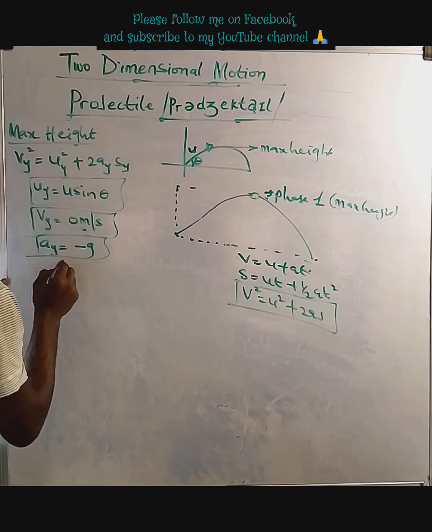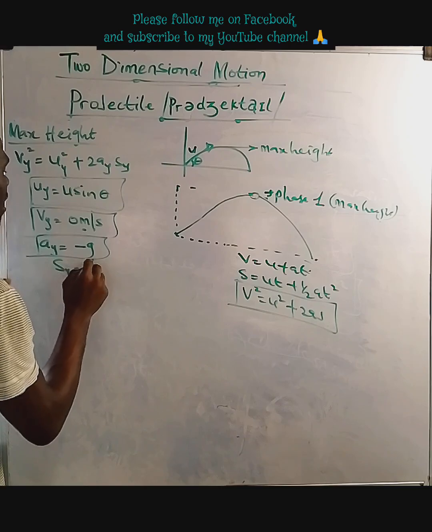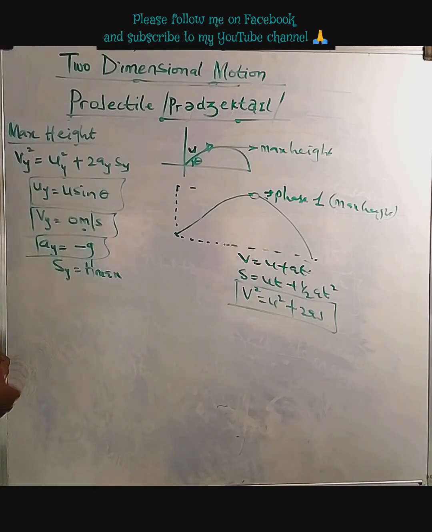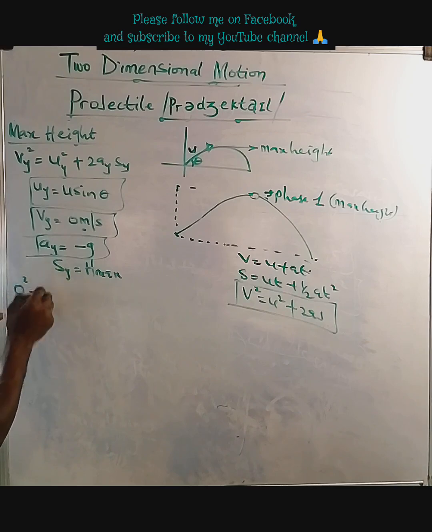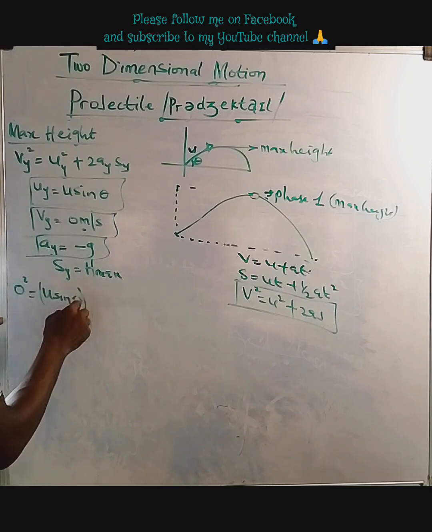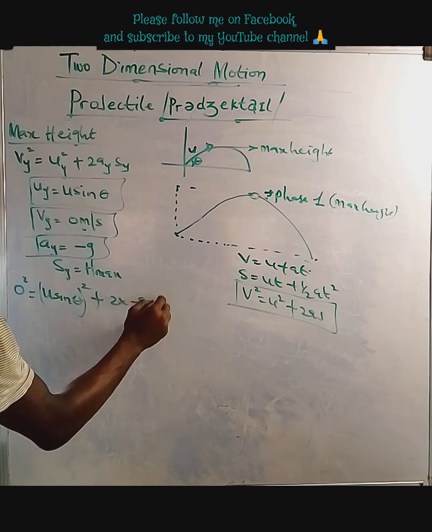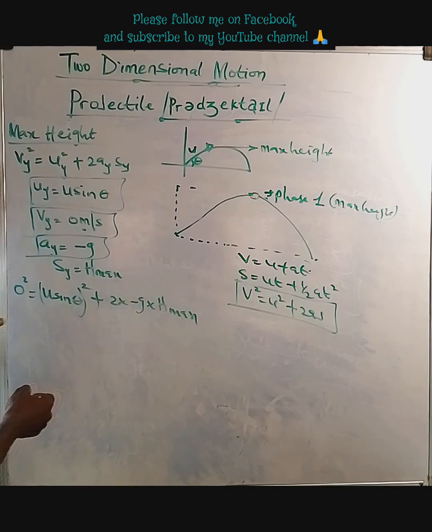So the distance along the y-axis is written as height, and we call that h max. So it's high time we fixed all this into what we have. The final velocity is 0 squared; initial speed is u sine theta raised to power 2, plus 2 times minus gravity times h max, the max height. So what do we do next?